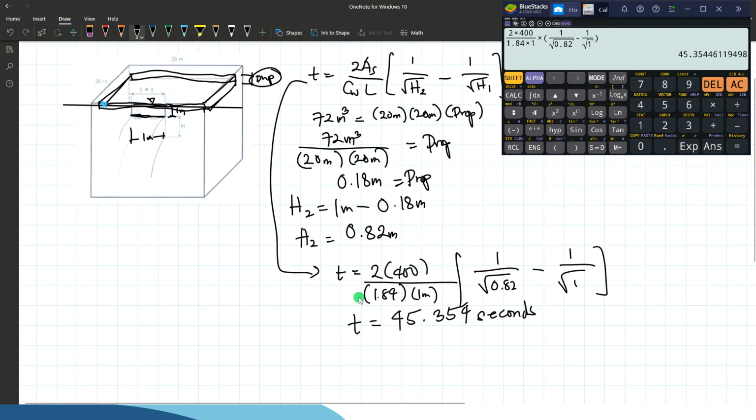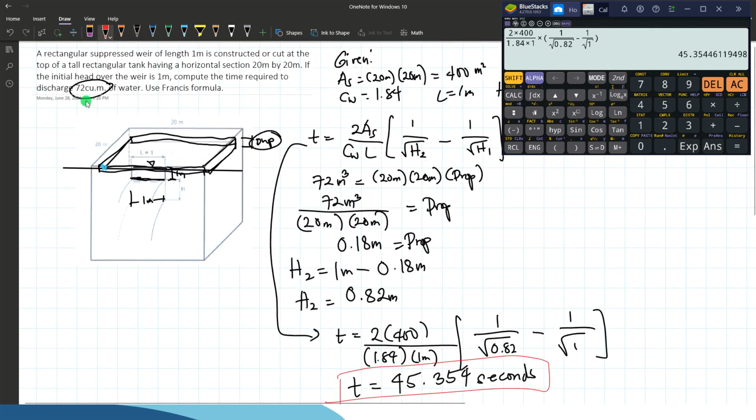Okay, that's the time required in order for it to discharge 72 cubic meters of water.